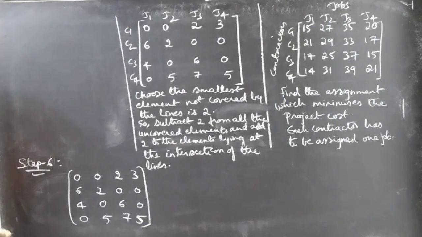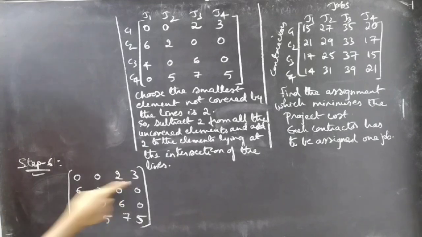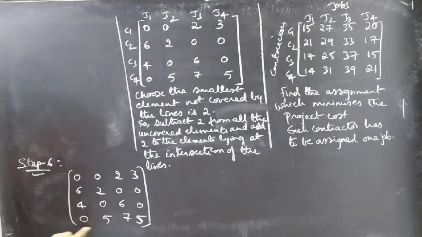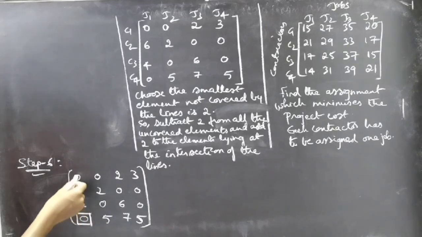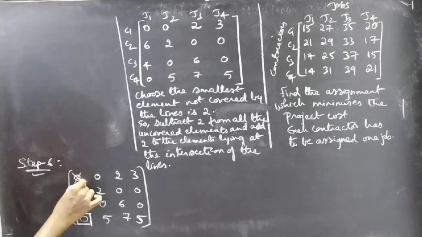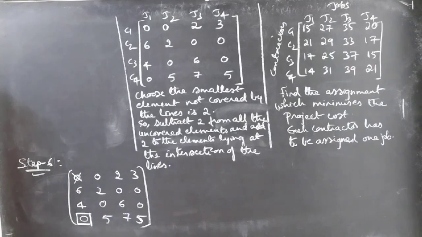Check which row has only one 0. In the first row we have 2 zeros, in the second row we have 2 zeros, in the third row we have 2 zeros, and in the last row we have one 0, right? So let's assign this 0 and cross the remaining 0 which exists in the corresponding column or row.